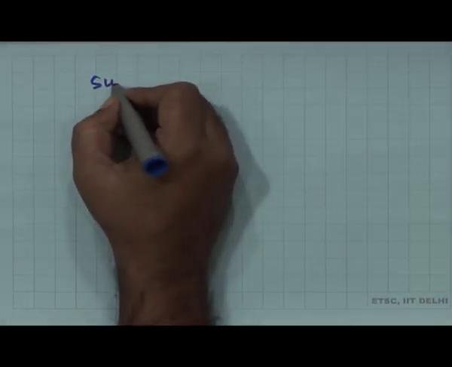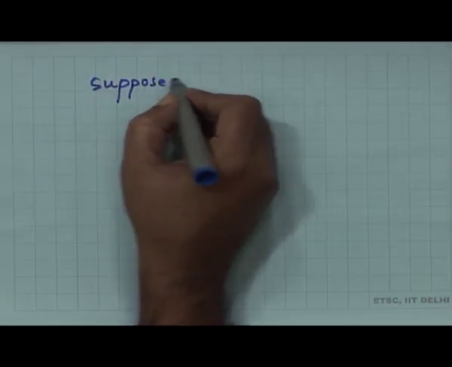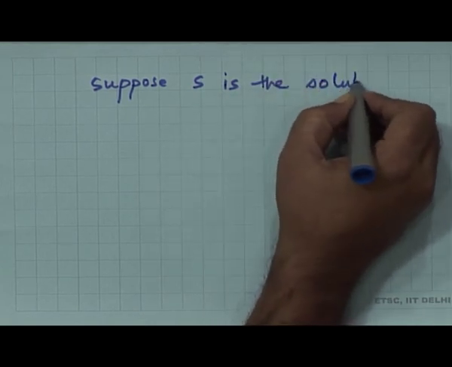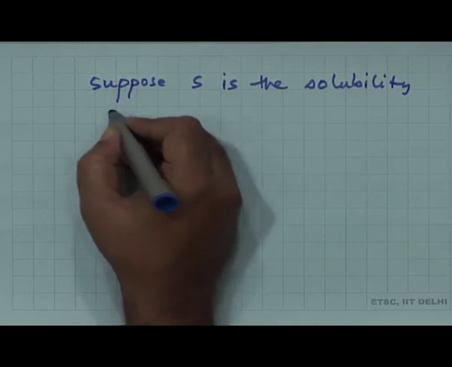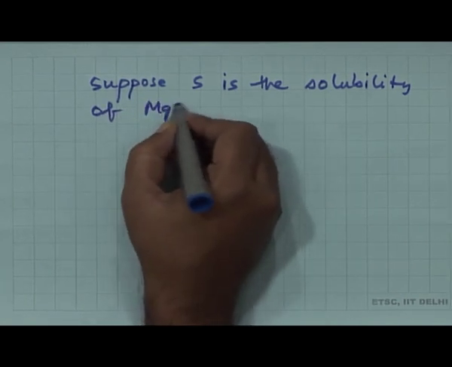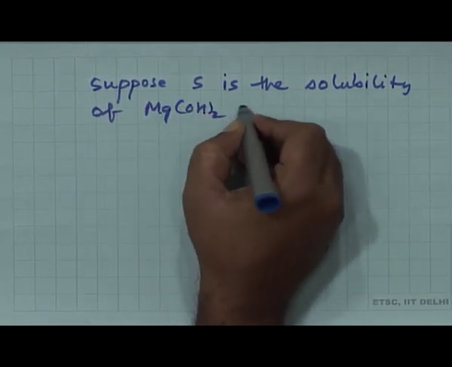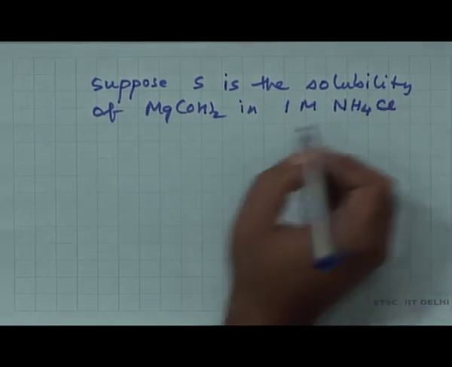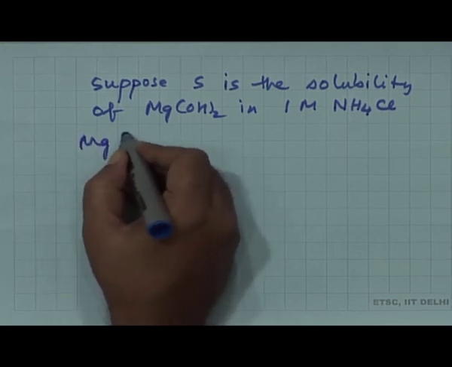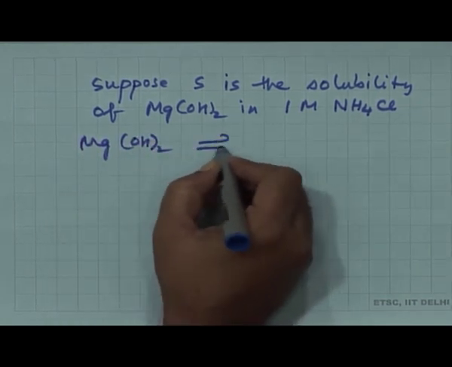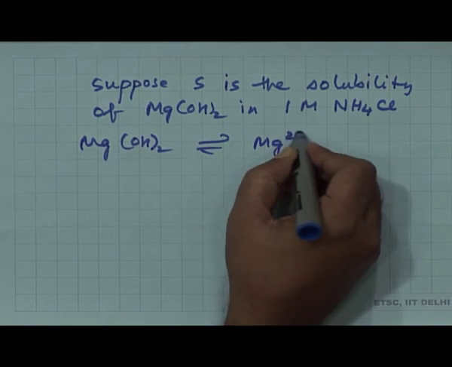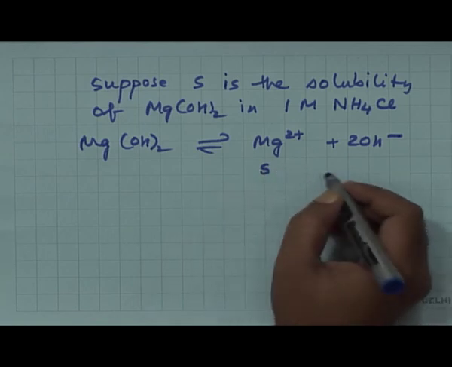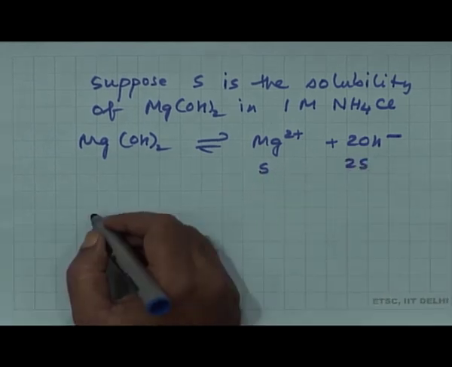Suppose S is the solubility of Mg(OH)2 in 1 molar ammonium chloride solution. Then Mg(OH)2 gives Mg2 plus and 2 OH minus ion. If this is S, then this will be 2S.